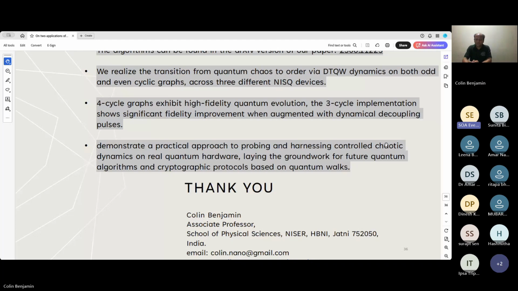Hello, sir. I had a question. You talked about removing the CNOT gates. You have also been using transpilers to optimize the circuit. So if I am using CNOT gates and then using a transpiler to optimize, will I still need to remove the CNOT gates?